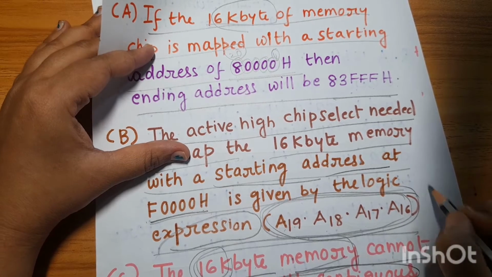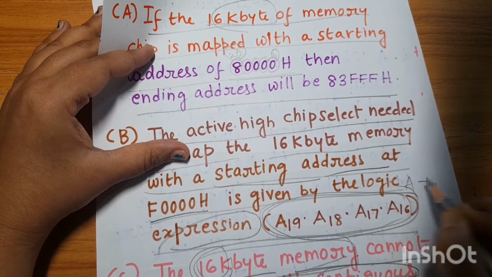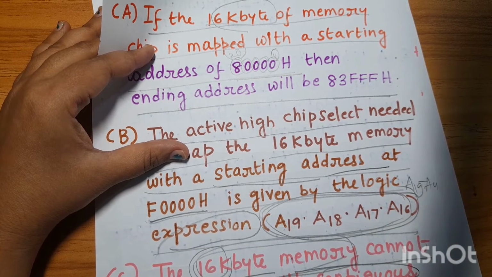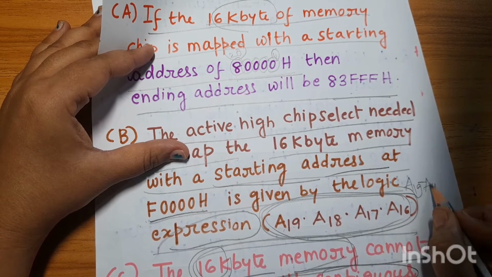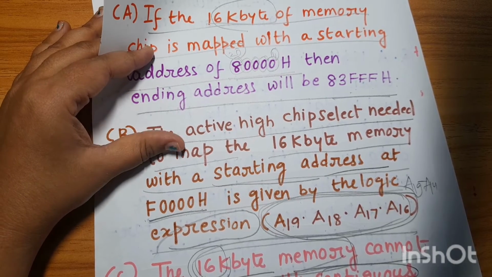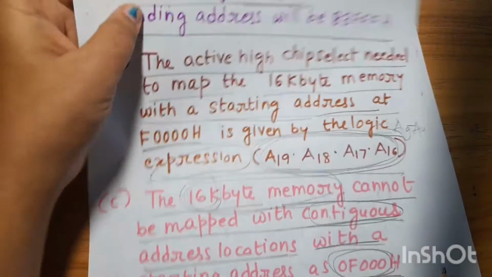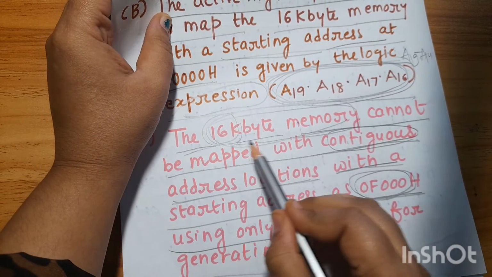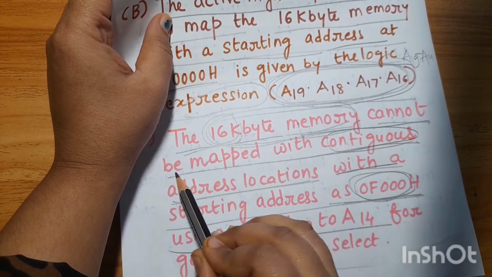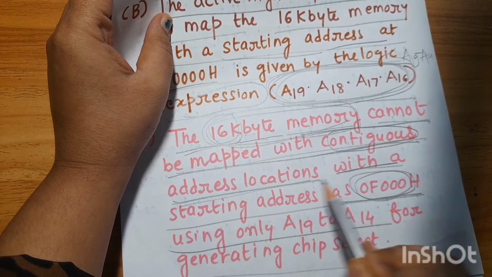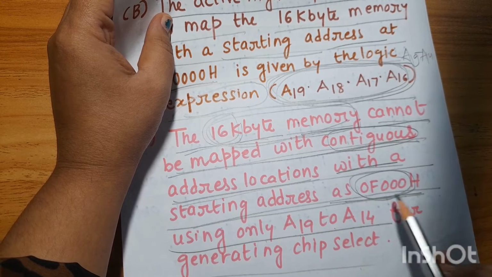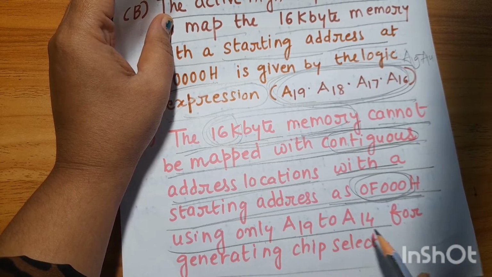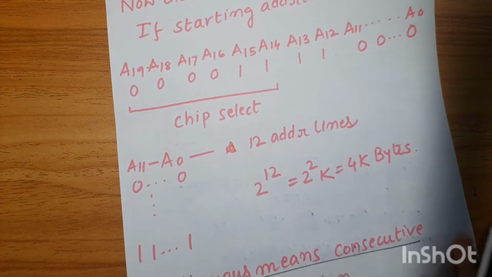We are using A14 to A19 in order to address the memory locations. So this one is not correct. Now option C. It says 16 kilobyte memory cannot be mapped with a contiguous address location with a starting address at 0F000H using only A19 to A14 for generating chip select.